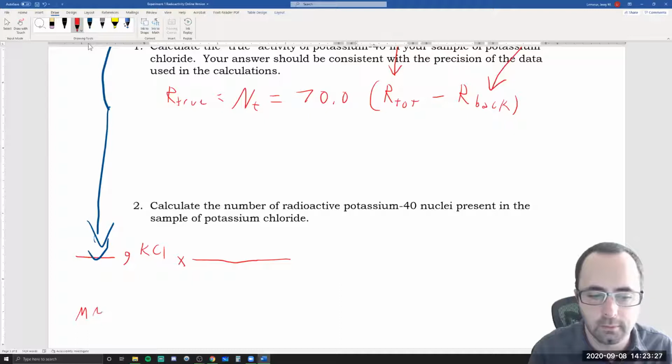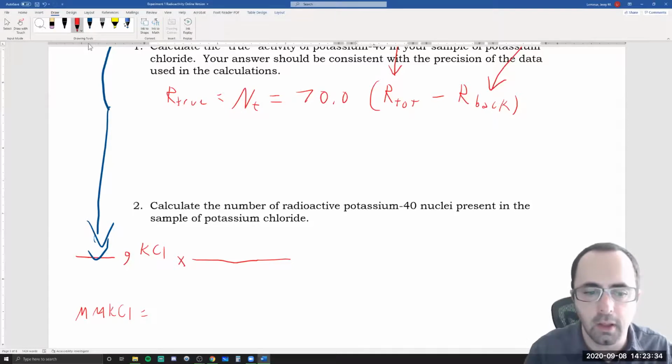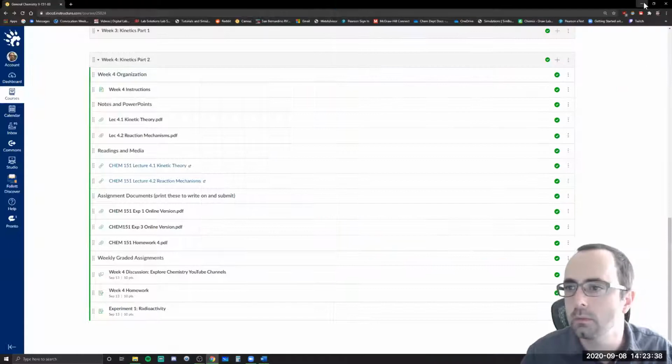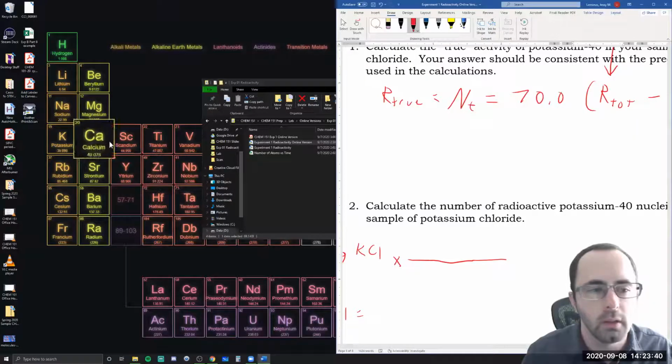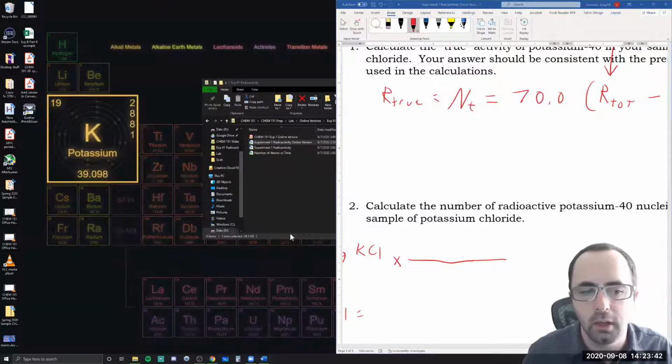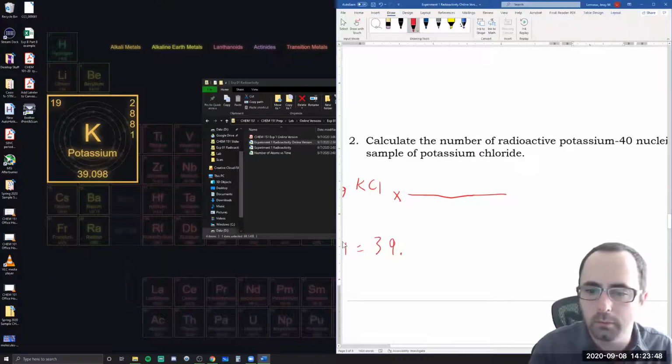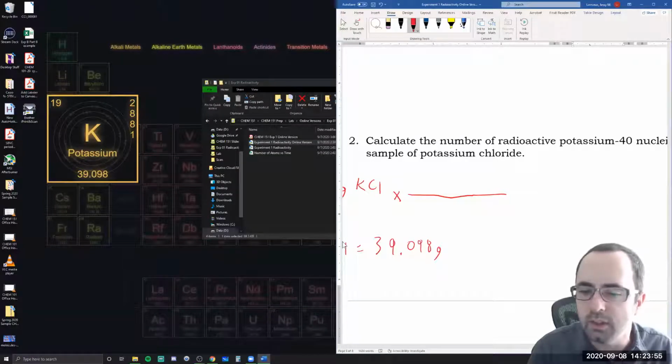So what do we need to do that conversion? The molar mass of KCl, right? Yeah, we're going to need the molar mass of KCl, so let's go ahead and calculate that. I've got the periodic table behind me here. For the potassium, it's 39.1. I'll use all the sig figs I have here, just to be extra safe.